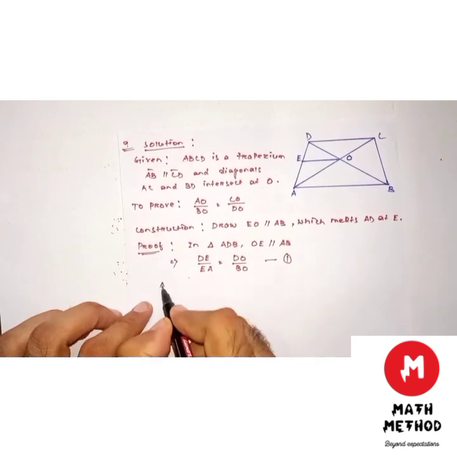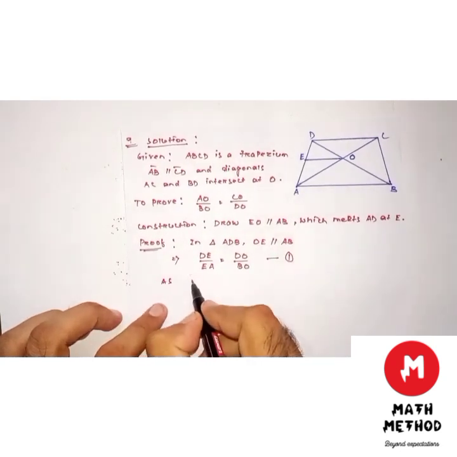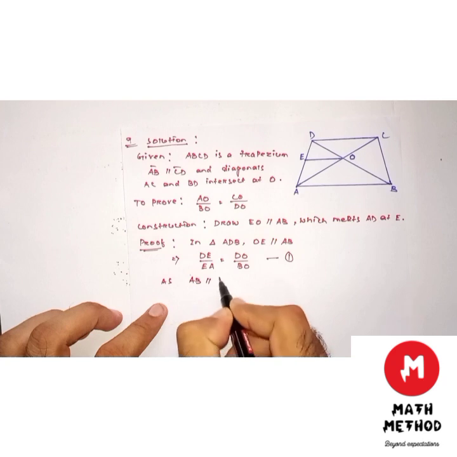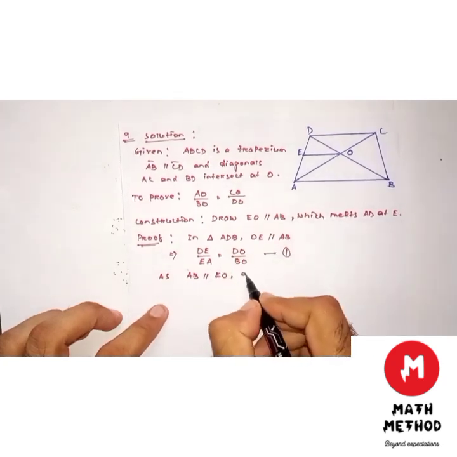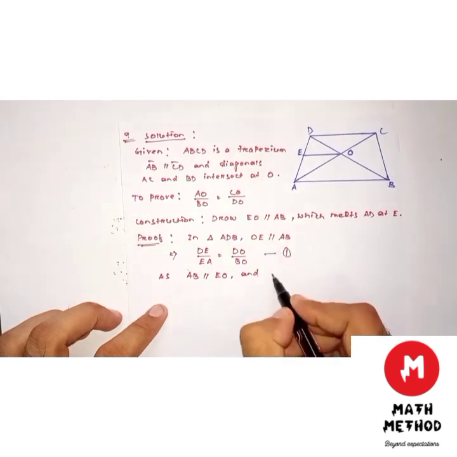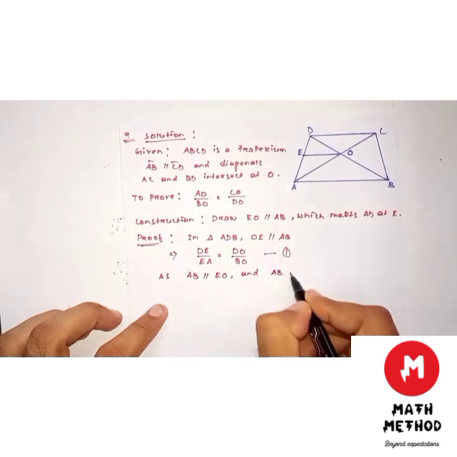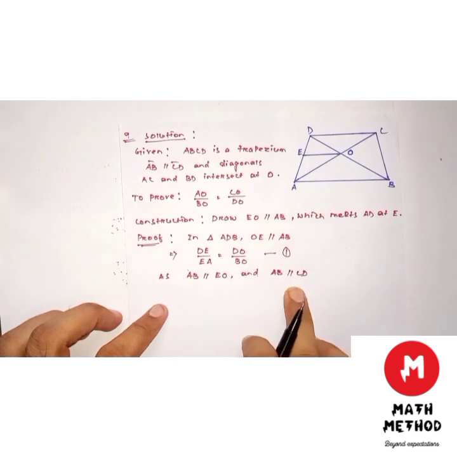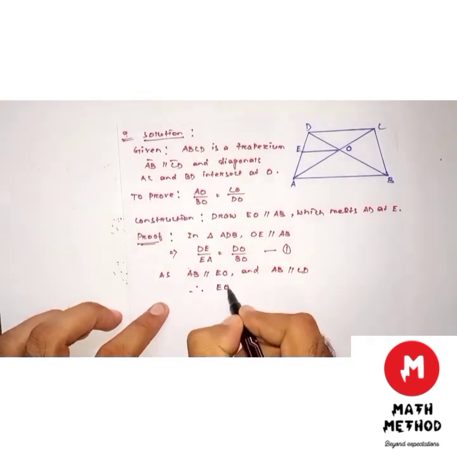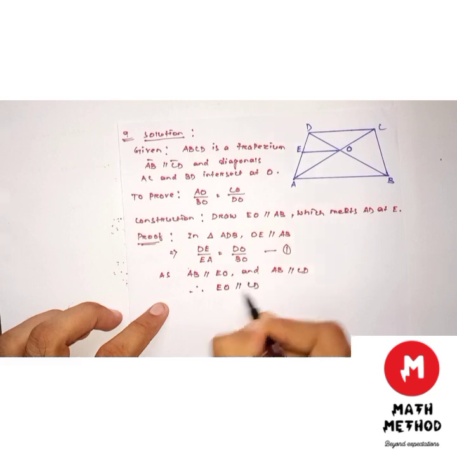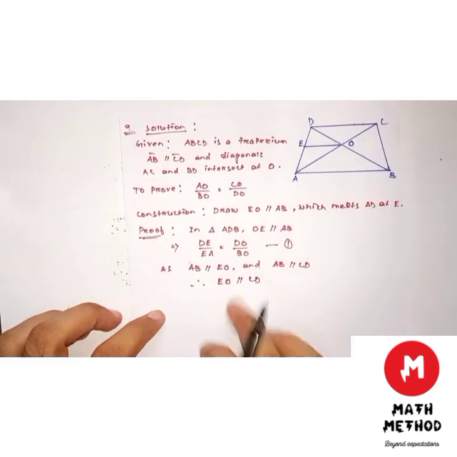As we know, AB is parallel with EO, and it is given that AB is parallel with CD. Therefore, EO or OE is parallel with CD. Clear?